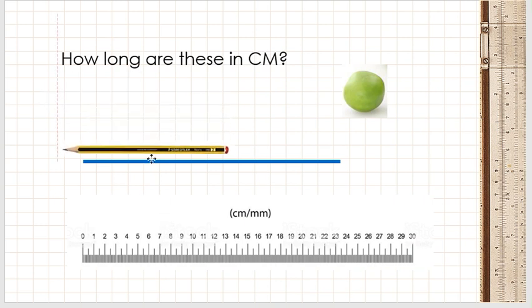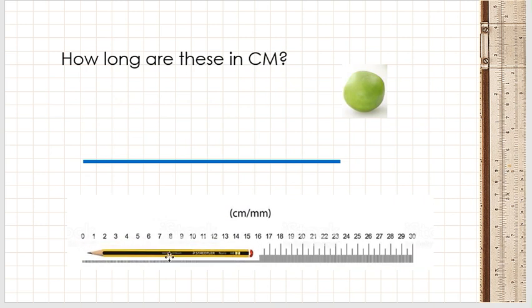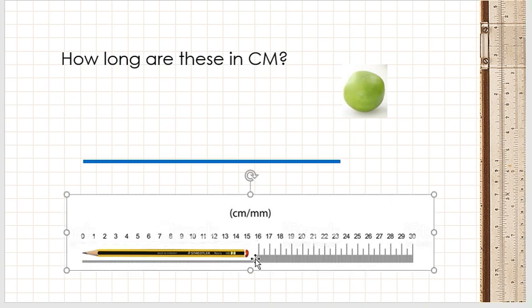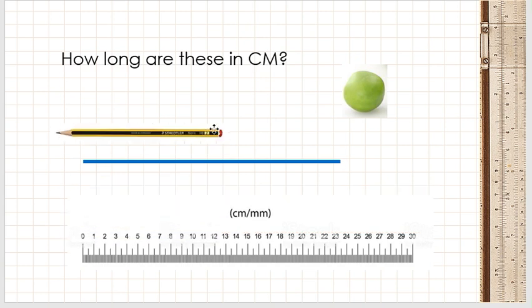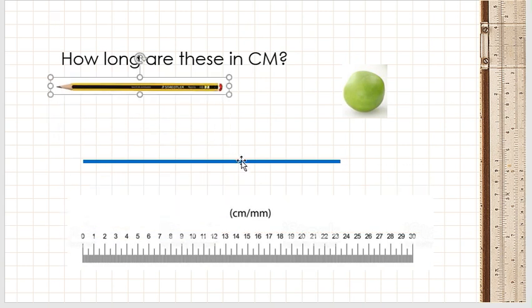I'm going to start with my pencil, and I'm going to remember to bring it down and have it right at 0. There we go, it's at 0. And I'm going to go back over here and see how long it is, and that looks like it's 15 centimeters, almost 16 centimeters. So that's the first one.